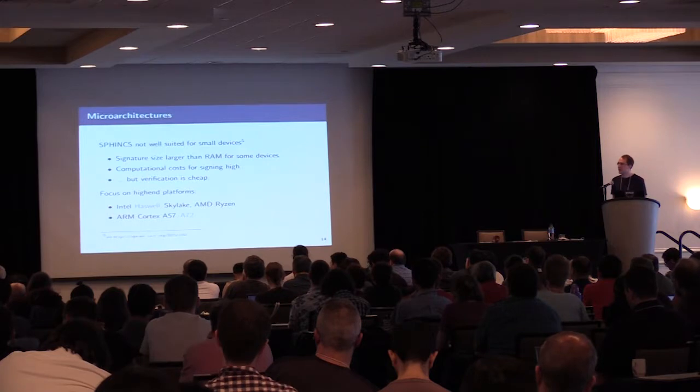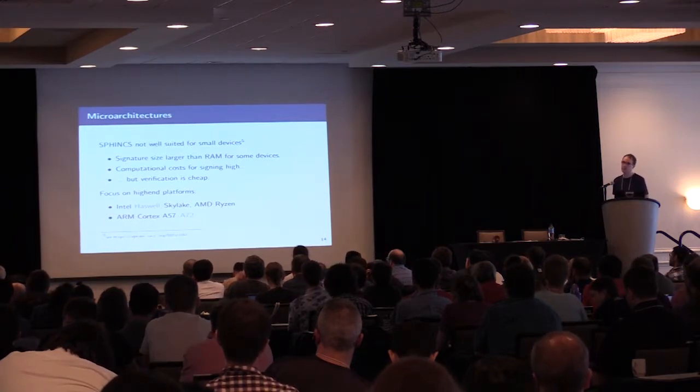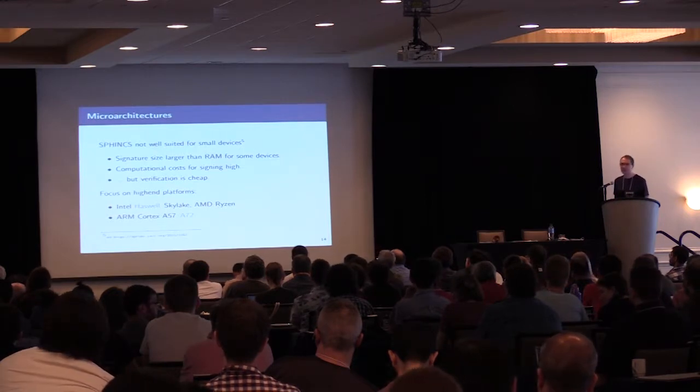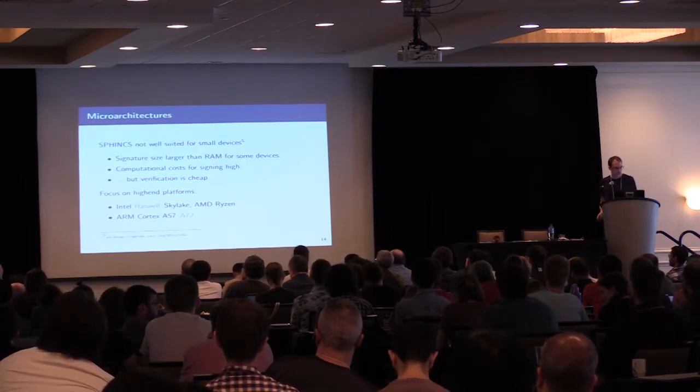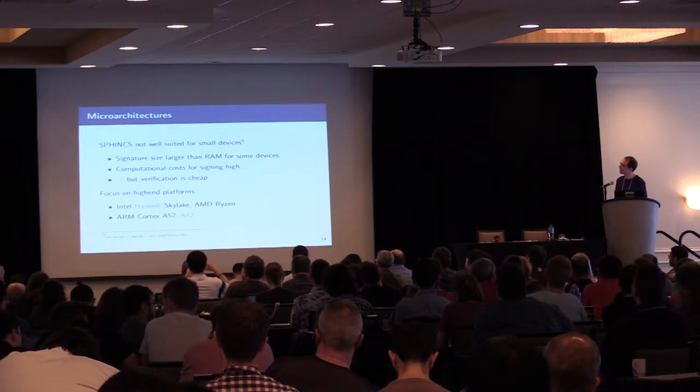So now we have our candidates which we want to look at, how they perform inside SPHINCS+. Well, the question is where do we deploy SPHINCS+? What are the platforms we're actually interested in? In this work we focus mostly on more high-end platforms because that's where SPHINCS+ is more applicable.